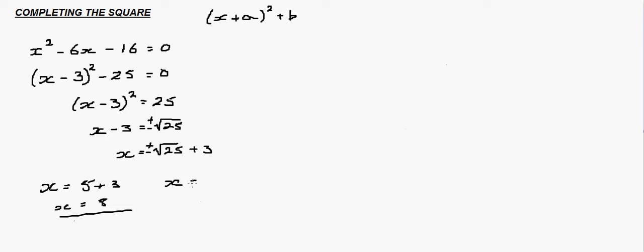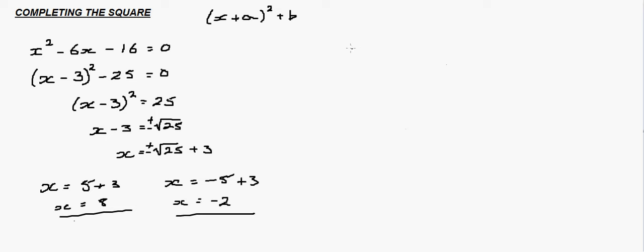Now we take the other value and we say the minus root of 25, so the root of 25 is 5, but it's minus 5 plus 3, so x will equal minus 2. Okay, that's pretty much it.